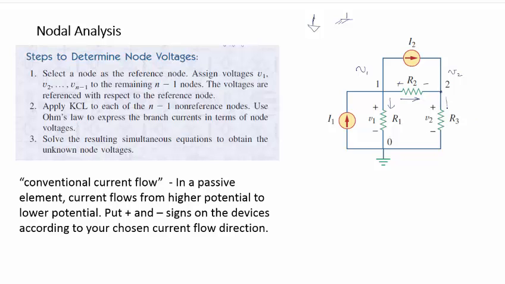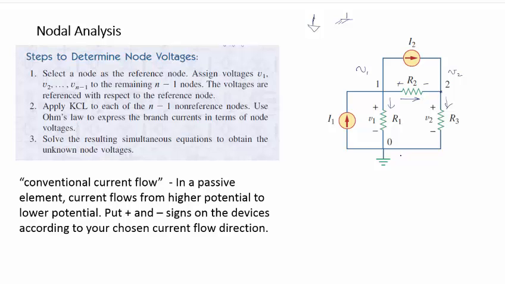Similarly here, I'm going to put a current there, and I will put the plus sign there and the minus sign there, because the current is going into the resistor, so the side that it goes into is at a higher potential than the side that it exits. Now keep in mind, electron flow is actually opposite. We are talking about this conventional current flow method.